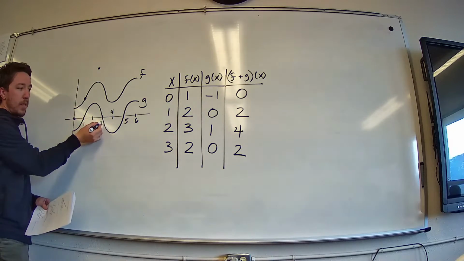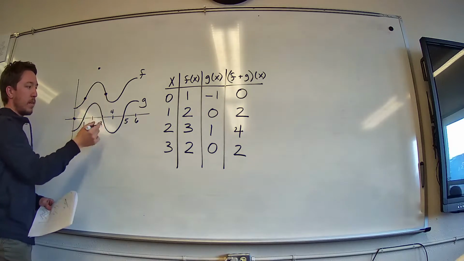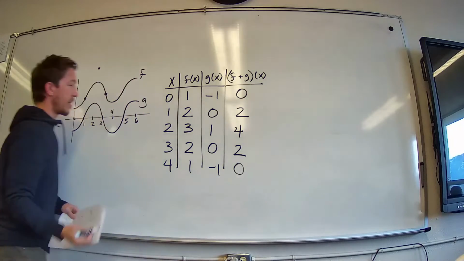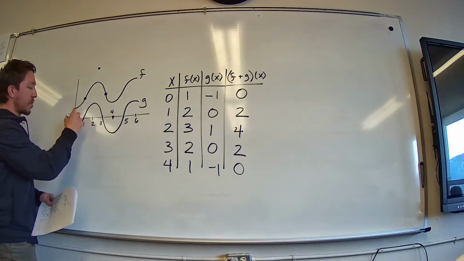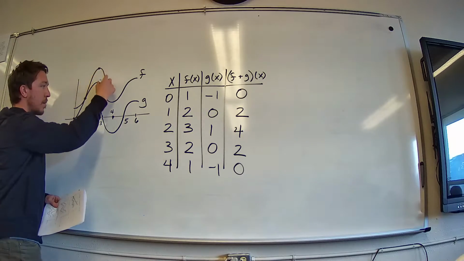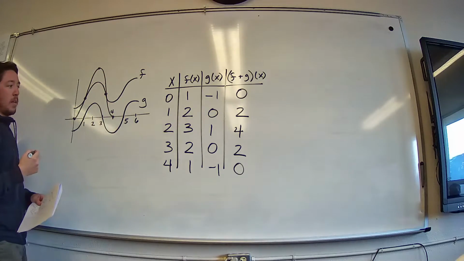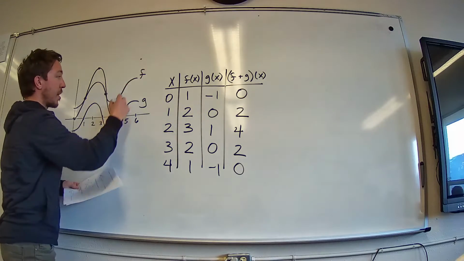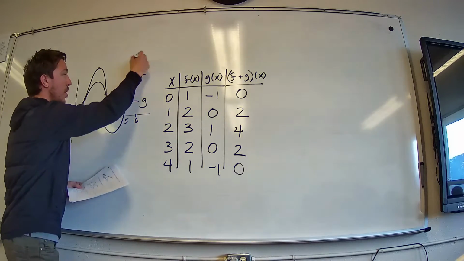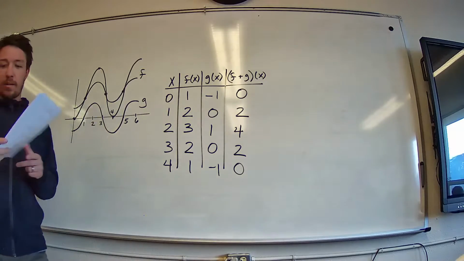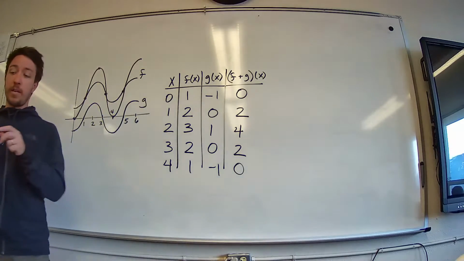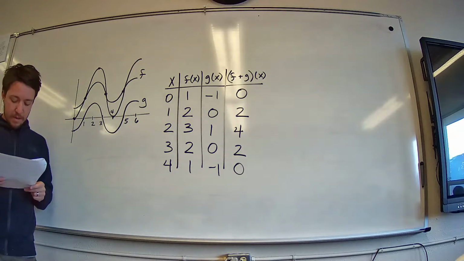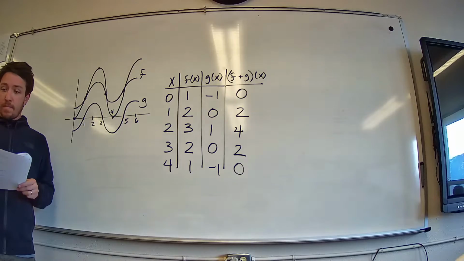Now when we hit 4, we're back to 1 and negative 1, which makes 0. So my graph's going up and down. What's going to happen when we get to 6? We're going to be back up, and that's going to cross here. See what happened? Now, of course, I want you to draw it on the blank graph. But if it helps you to draw it on the left graph as well, that's fine.